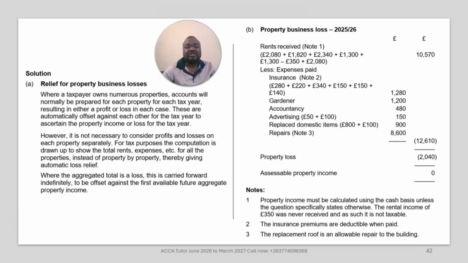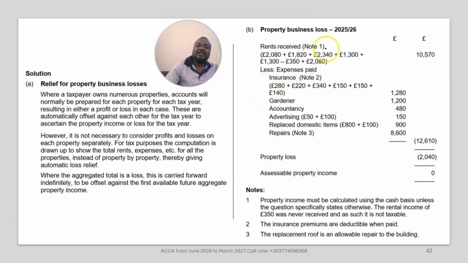The cash basis is the default basis. Or if you have calculated the aggregate property income and you discover that it is over £150,000, then you are forced to use the accrual basis. Other than that, you must keep on using the cash basis.